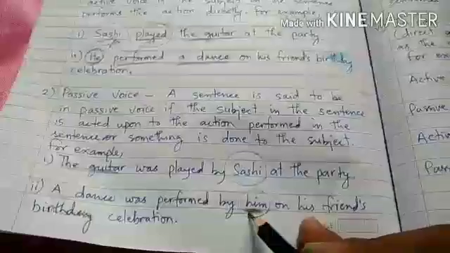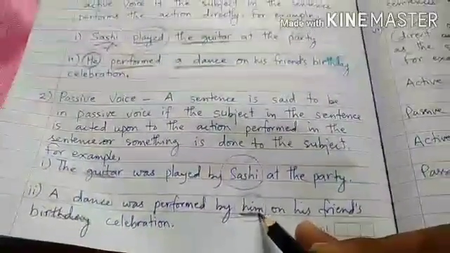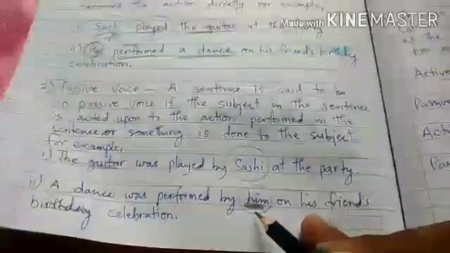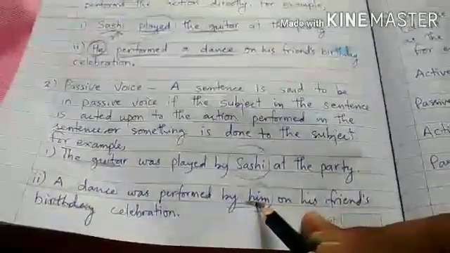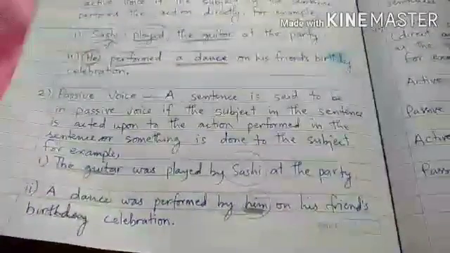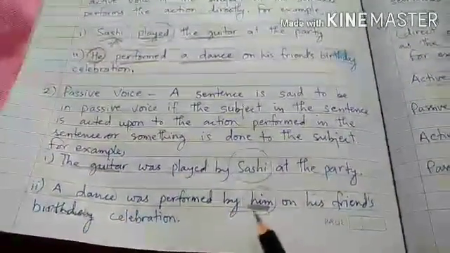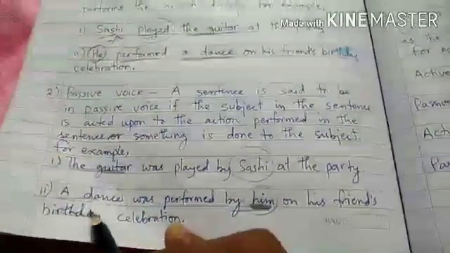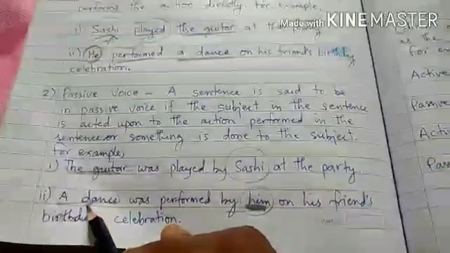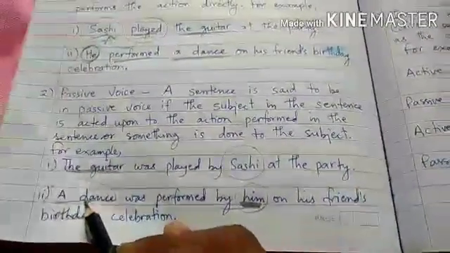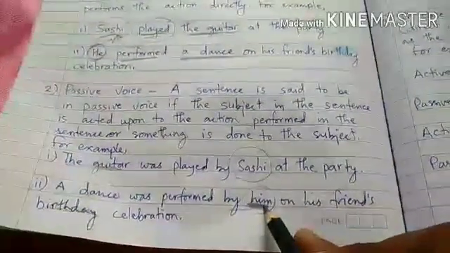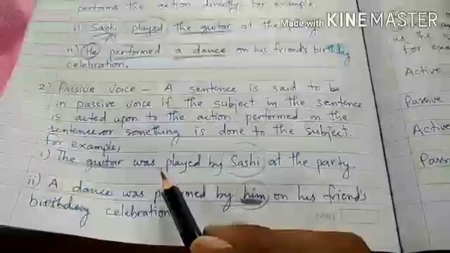So according to the rules of grammar, when the subjects are pronouns, accordingly we need to change them into object forms. Okay. So now here, a dance was performed by him on his birthday party. So a dance is written here as the subject, but here the action is not performed by the subject. If you read, the action is performed by the object here, which was the subject in active voice. Okay.